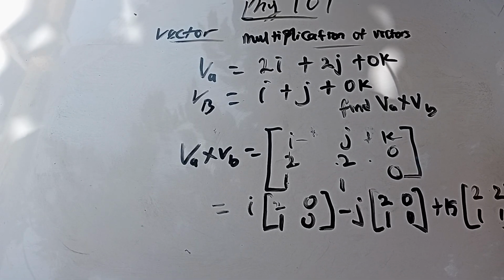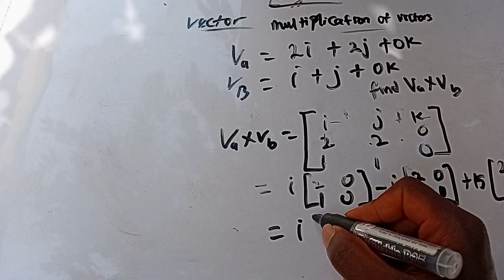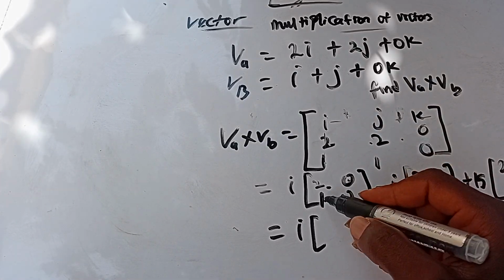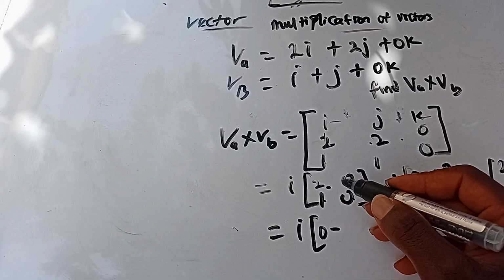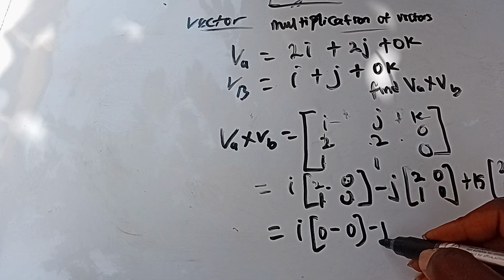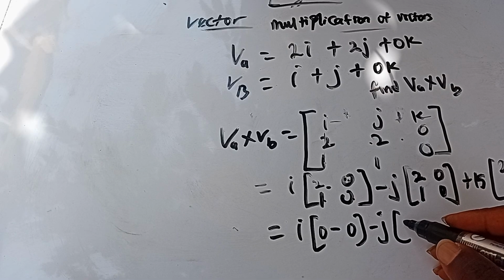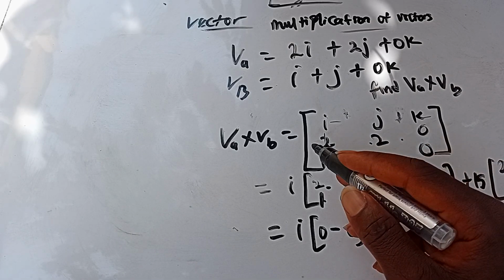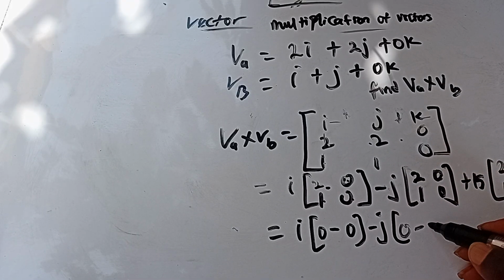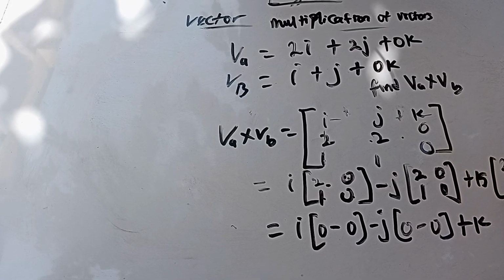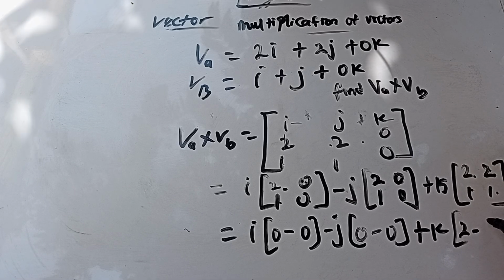Then let's find the determinant first before you open the bracket. So this gives us i times 2 times 0 minus 0 times 1. That's how to find the determinant. 2 times 0 is 0, minus 0 times 1 is 0, minus j, 2 times 0 minus 0 times 1 is 0, plus k, 2 times 1 is 2 minus 2 times 1 is 2.